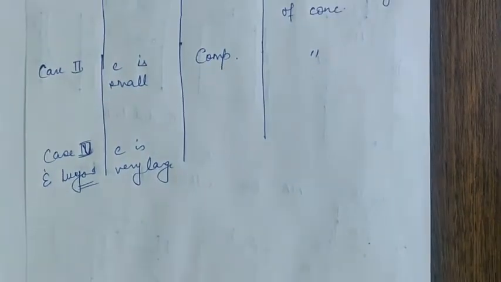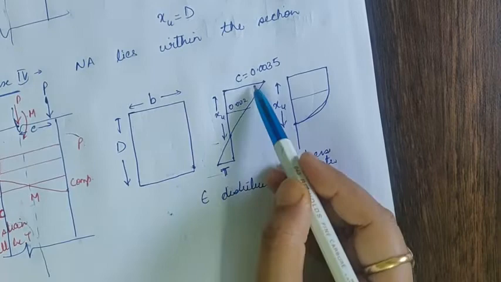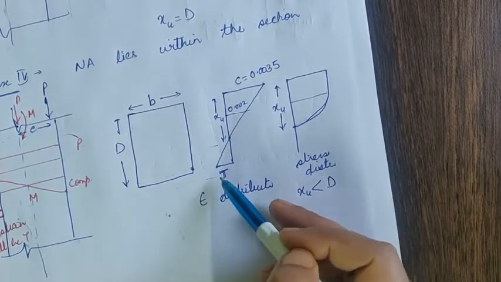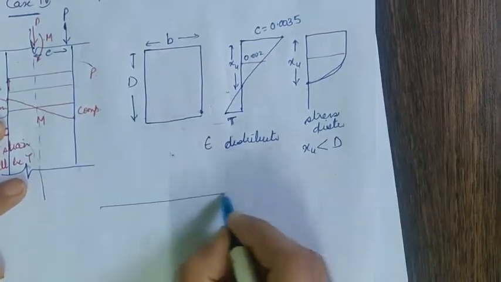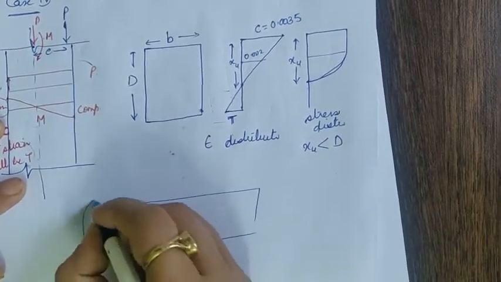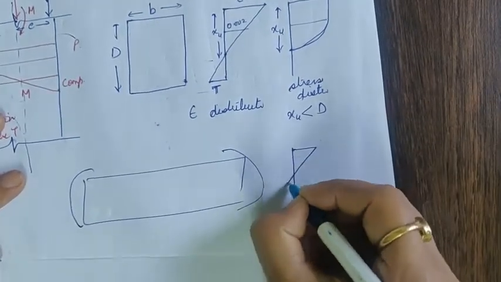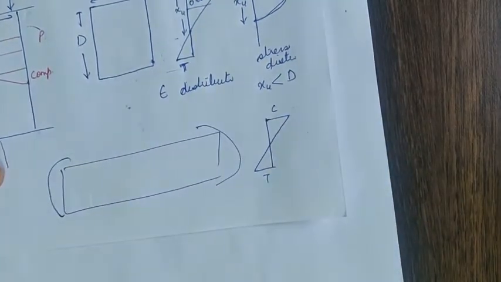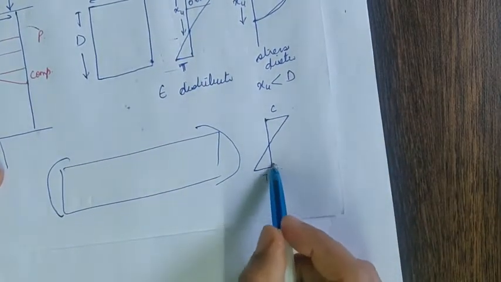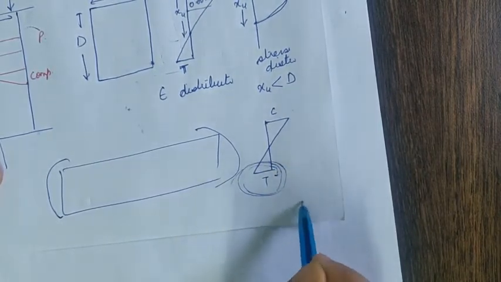If it is very large, you all remember this, there was tension also, there was compression also. It means, if you all remember, that it is a case just like a beam. Because in a beam, if the system was subjected to a moment, the stress distribution and the strain distribution used to be like this. There was some compressive strain, some tensile strain, and the system used to fail in the tension zone because of the cracks occurring in concrete.